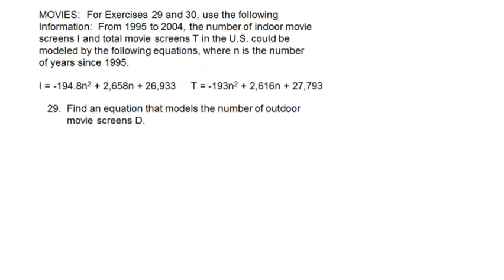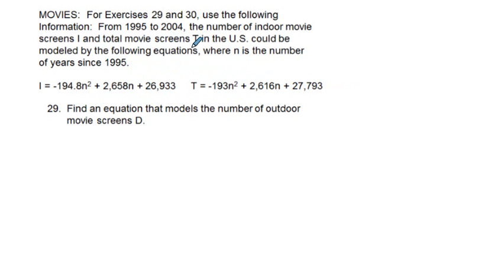Okay, number 29. For exercises 29 and 30, use the following information from 1995 to 2004. The number of indoor movie screens I and total movie screens T in the United States could be modeled by the following equations, where n is the number of years since 1995. It says find an equation that models the number of outdoor screens.